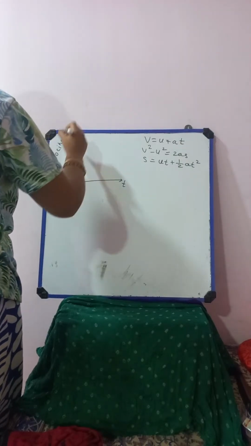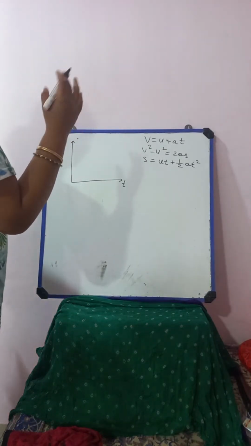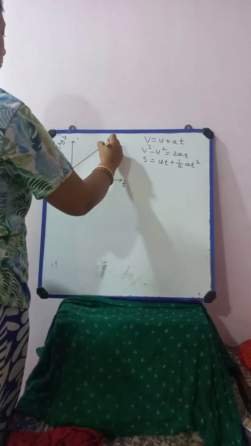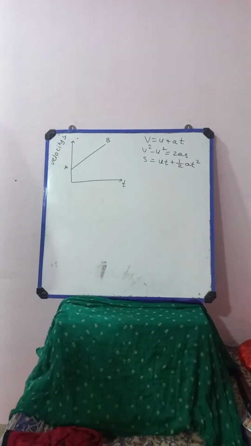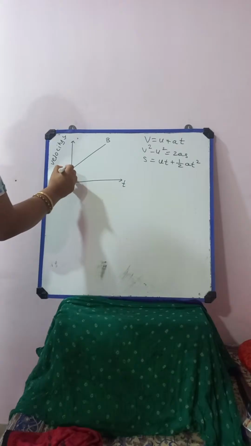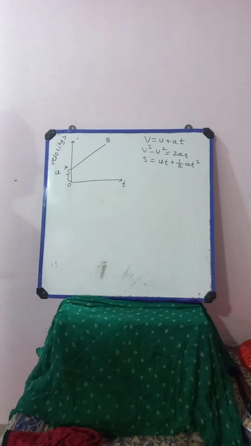All the basic terms we did in the last class. In a given time period, the object is moved from A to B. Suppose this is A and this point is B. If we take this as the origin O, then O to A is nothing but your initial velocity, that is u.